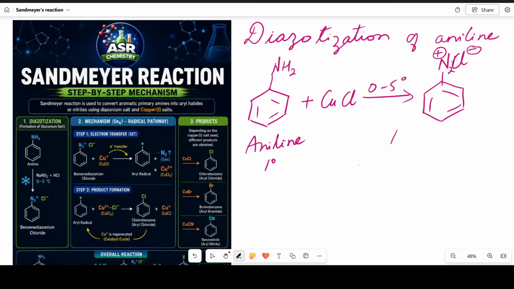So this is called benzene diazonium salt.